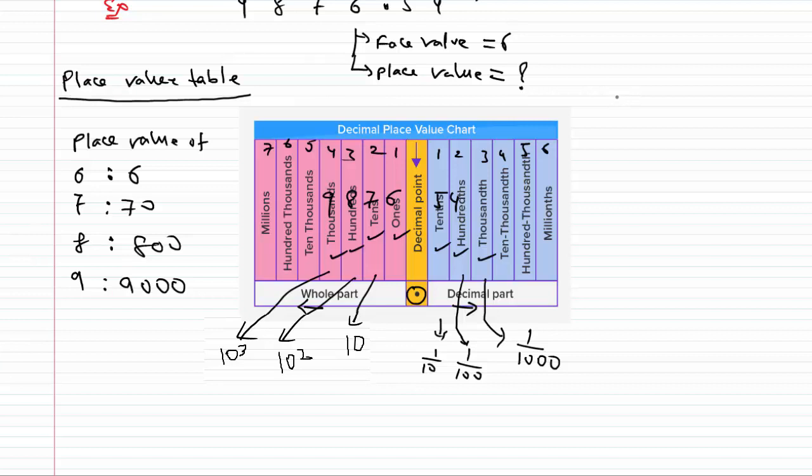Similarly, in the decimal part, the place value of 5 is 5 by 10, and 4 is 4 by 100.